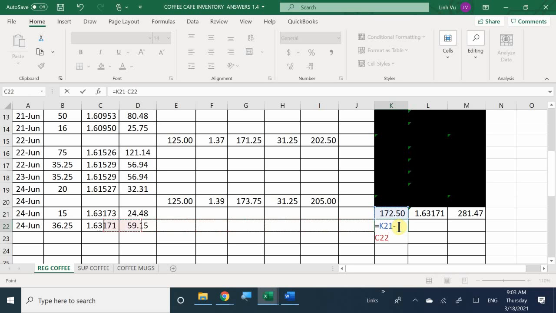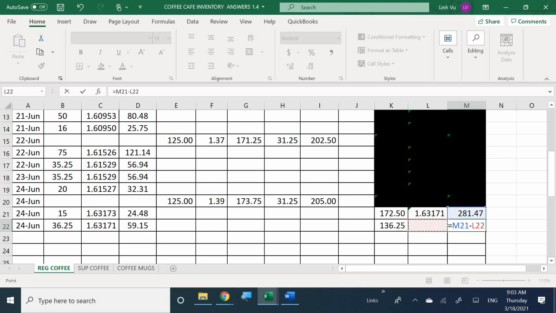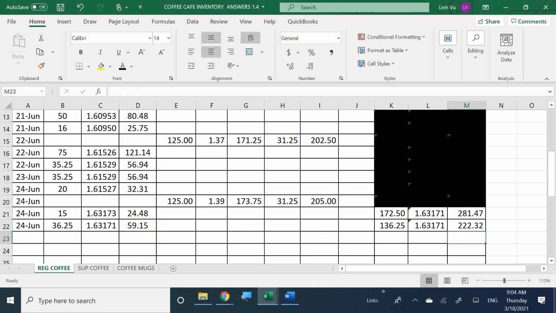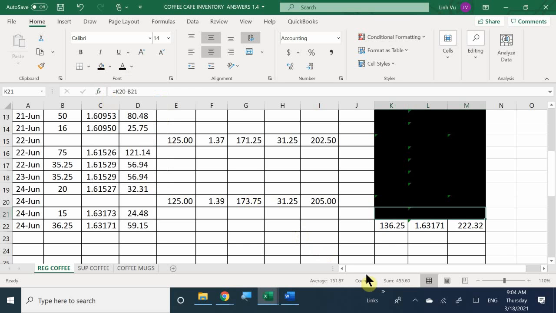What's my new quantity? 136.25. Okay, good. And then your total cost? $222.32, and there is the cost per item. Boom.